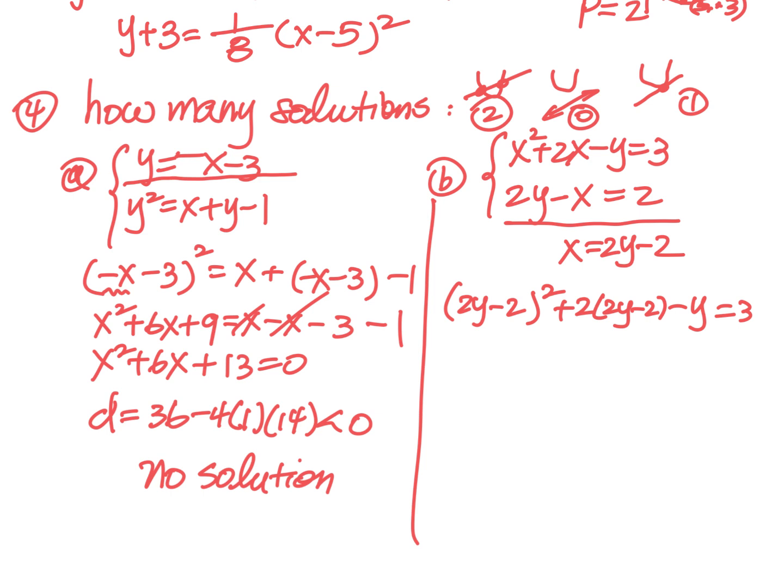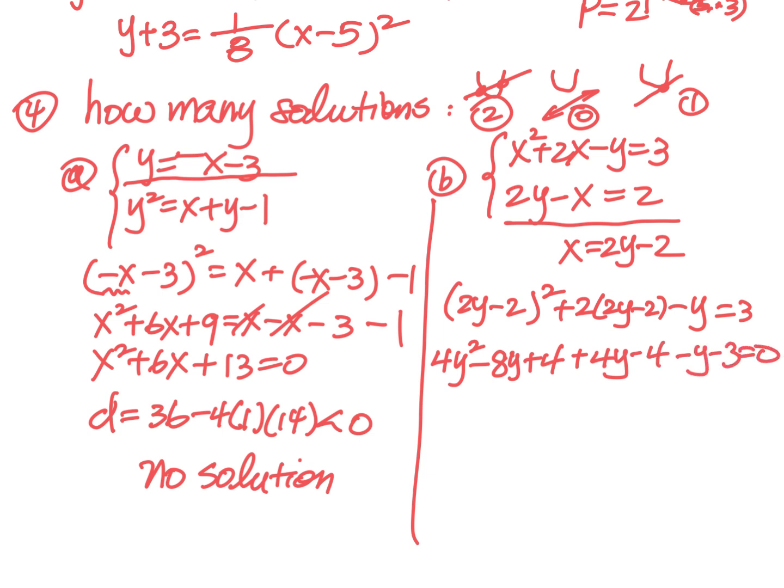So I expand this, 4y squared minus 2 times 2 times 2, 8y plus 4 plus 4y minus 4 minus y minus 3 equal to 0.